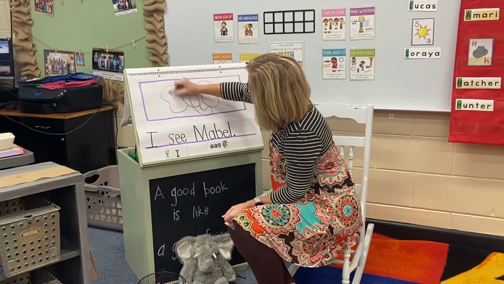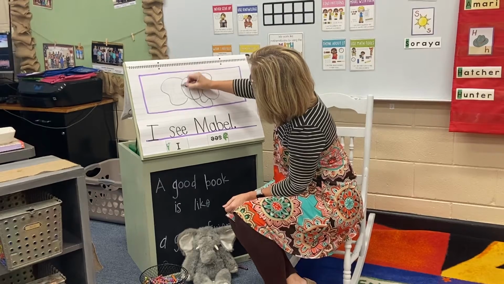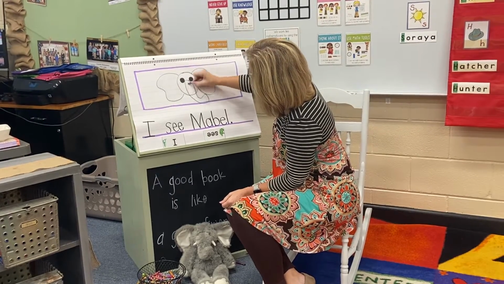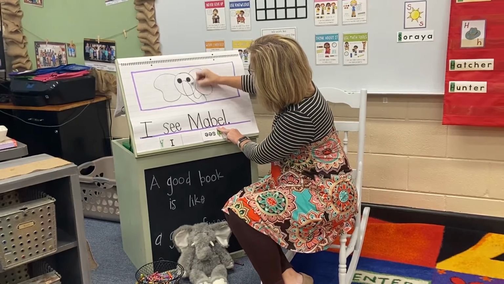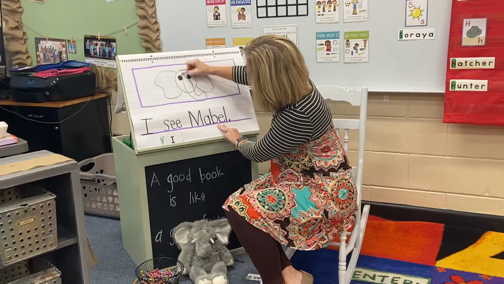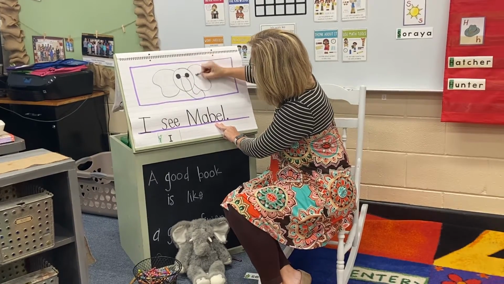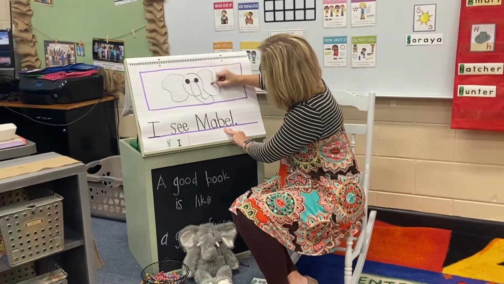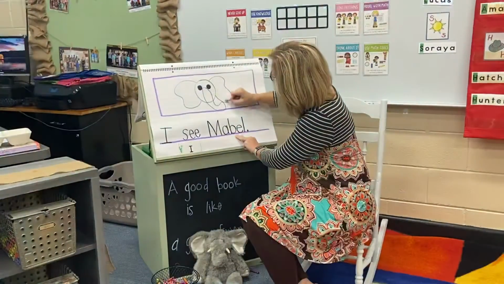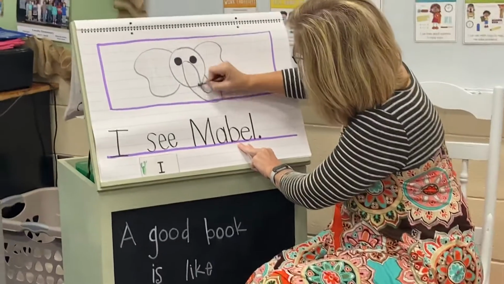And you're gonna be sure and color your clothes that you're wearing too, and you're gonna color your hair the right color. We'll color Mabel's face and Mabel's trunk. Just like this. I'm gonna get Mabel all colored in.